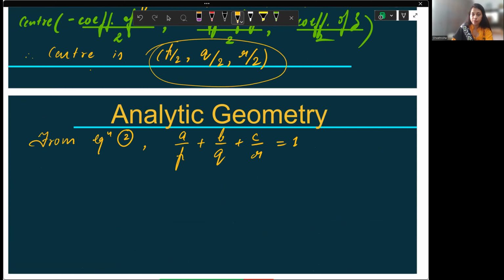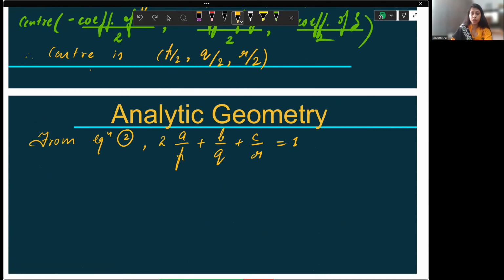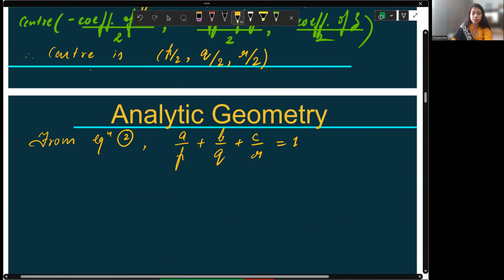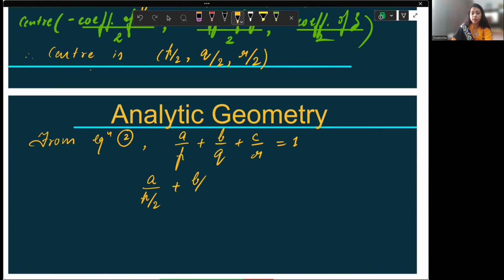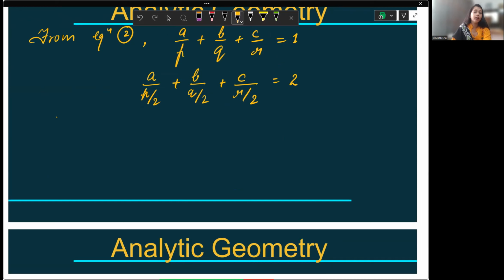Now, because I have to find locus of this point, I must see a P by 2 and I'll replace that P by 2 by X. So what I can do instead, I can just multiply 2 both sides. So if I multiply 2 here, I'll get A divided by P by 2 plus B divided by Q by 2 plus C divided by R by 2 is equals to 2. Okay. And then I'll just replace these with X, Y, Z.